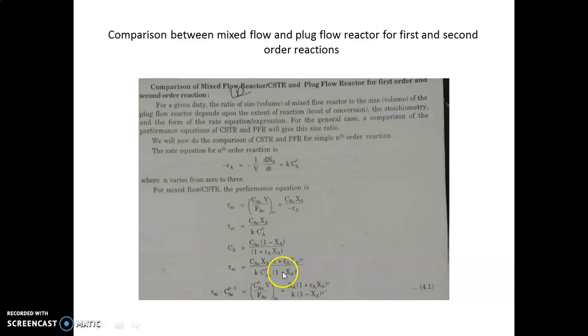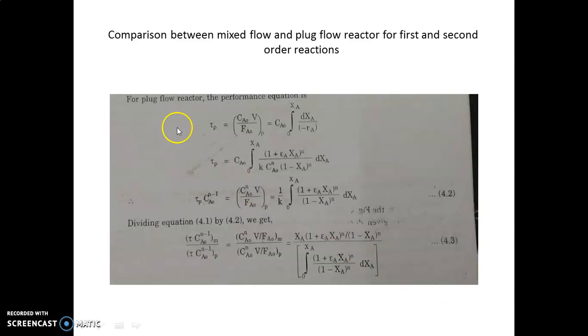That means you have to take this CA0 to the left hand side and rearrange the equation. So we obtain this equation, which is known as equation number 4.1.